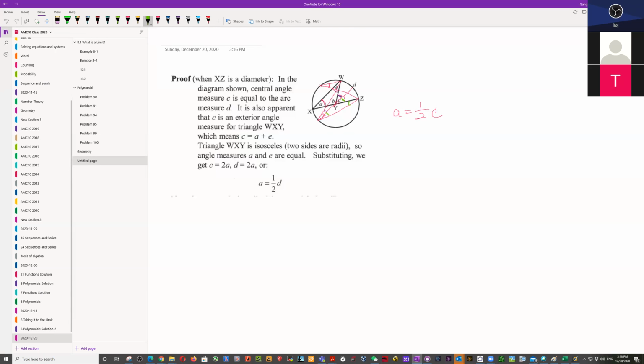After I split this angle into two, any two of those angles are equal to 1/2 of the corresponding angle facing this arc. So the total of this angle is 1/2 of the center angle facing this arc. So it's a fairly easy proof.